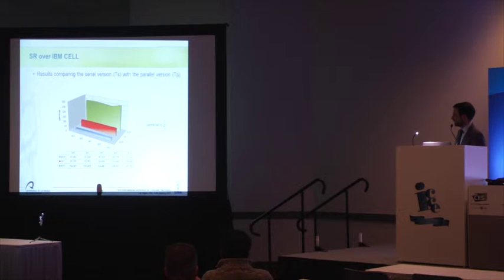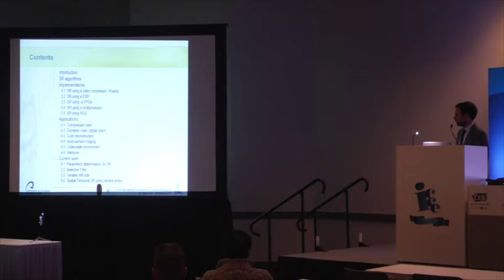The most interesting in this case is that if we compare the serial version of the algorithm, the original one, with the parallel one, with big sizes, for instance, for CIF, we get speedups of more than 250, which is a lot. This was just a comment for the multiprocessor.